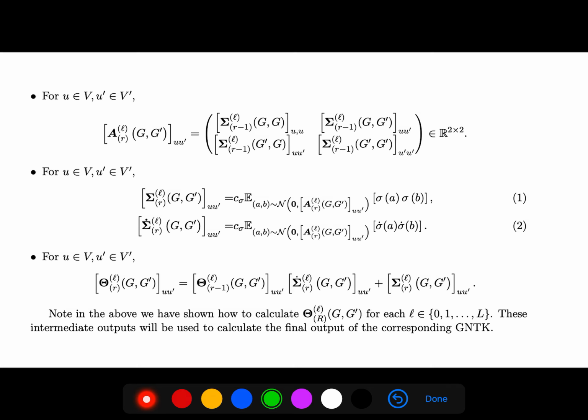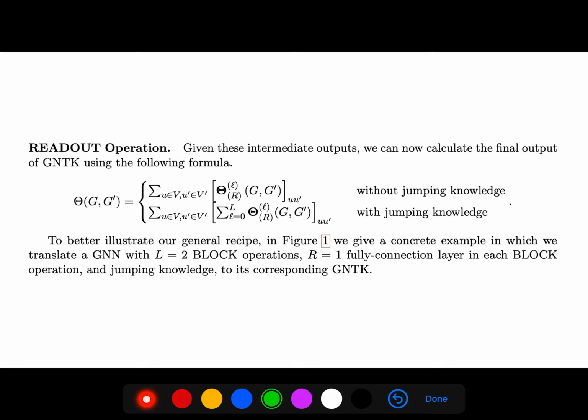So you can substitute and check this. These intermediate outputs will be used to calculate the final output of the corresponding GNTK. So we can now calculate the final output with jumping knowledge and without jumping knowledge.